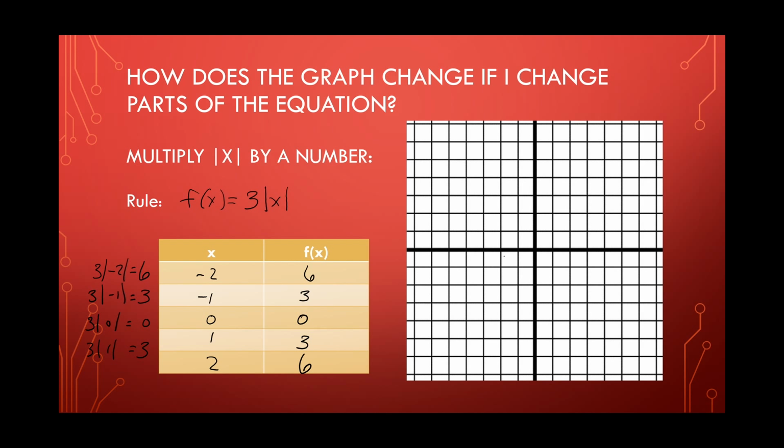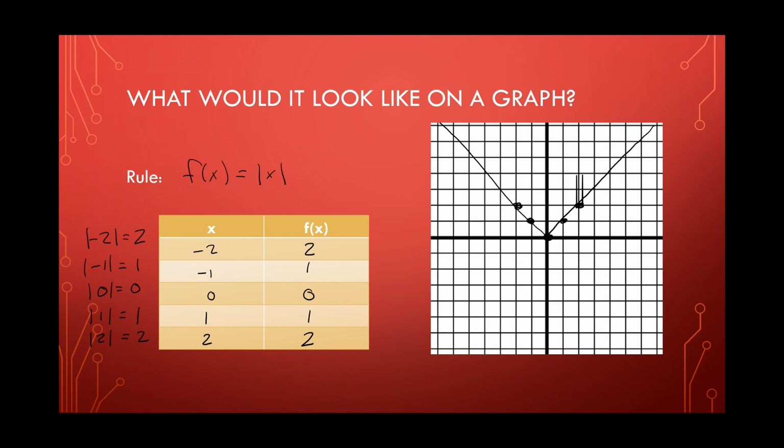And then I'm going to graph it. And in -2, I had a 6. -1, I had 3. At 0, it was 0. And back up again. If I compare those two graphs, this one and the parent function, this one is up 1 over 1.